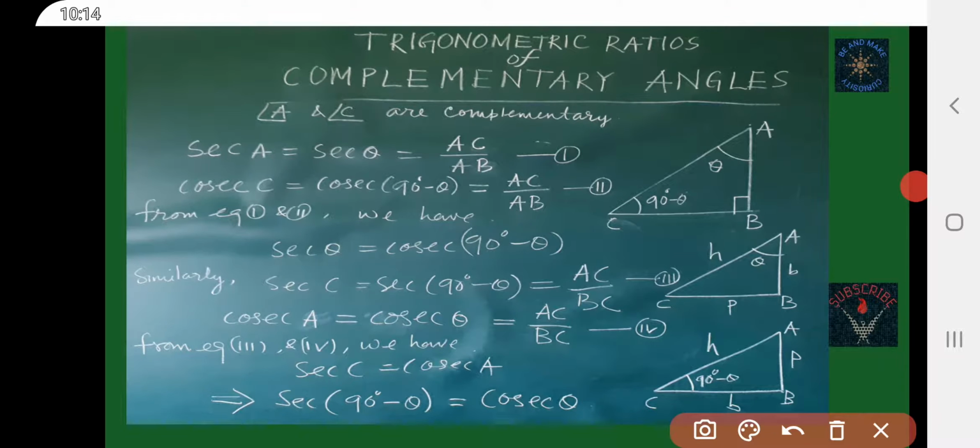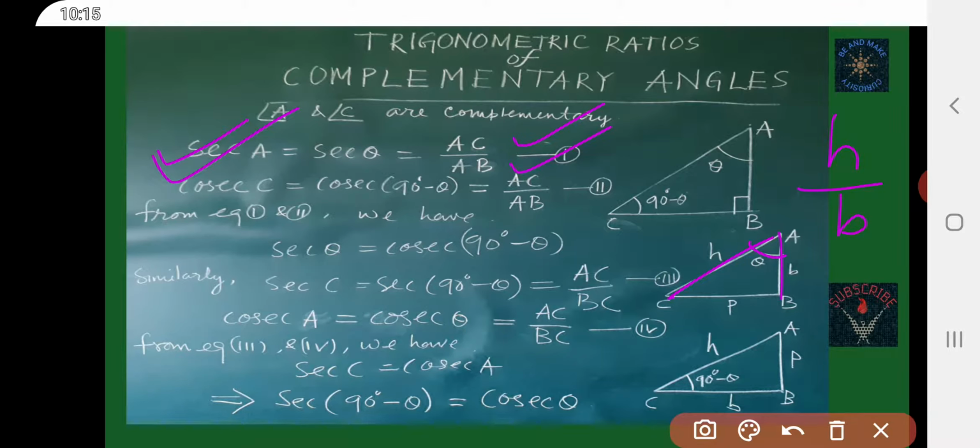Now come to sec. Sec A is what? H by B. So here you see angle A, H by B, so AC by AB.